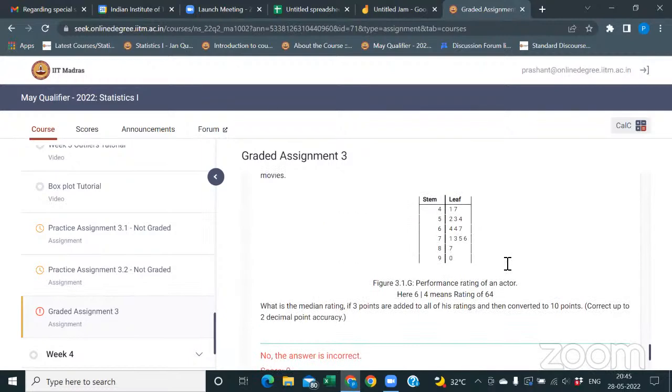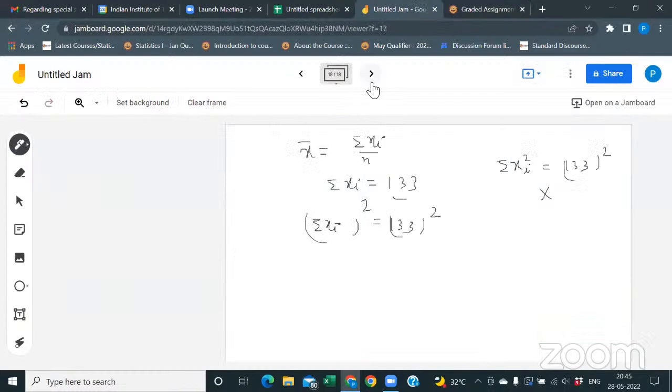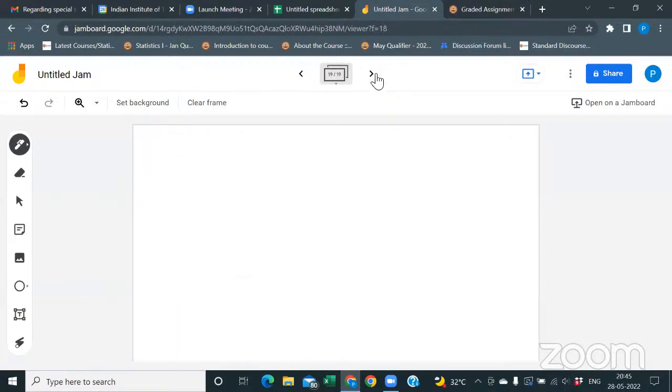Okay, see, converting to 10 points means this. Suppose I got 50 marks out of 100. And suppose I have to convert this to 10 points. Then what will it be?